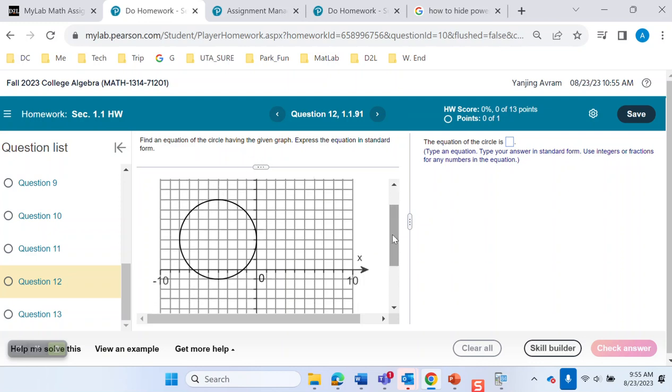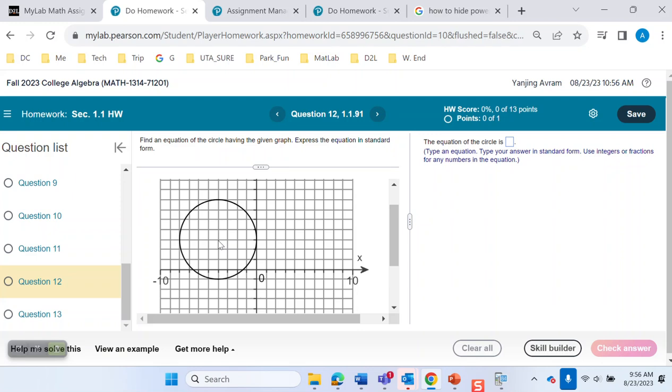So where is the center in here? You can see the center must be in the second quadrant. In the second quadrant, x is negative and y is positive, right? This point looks like the center to me. Then you find the x of the center: 1, 2, 3, 4, so x will be negative 4.